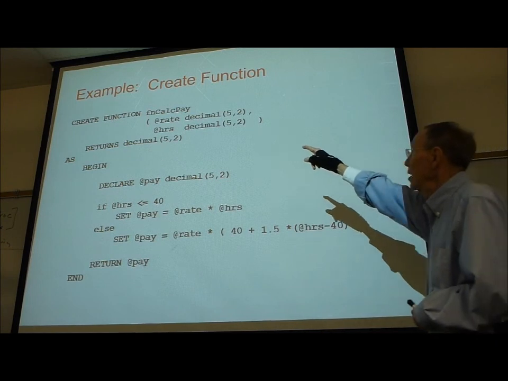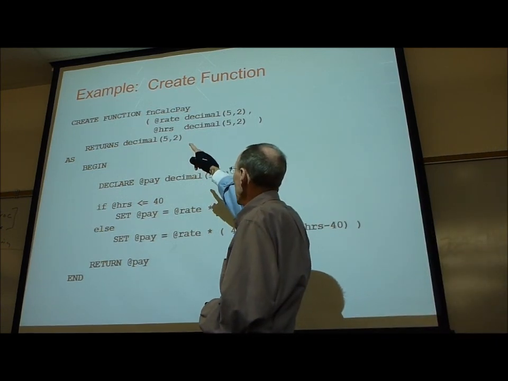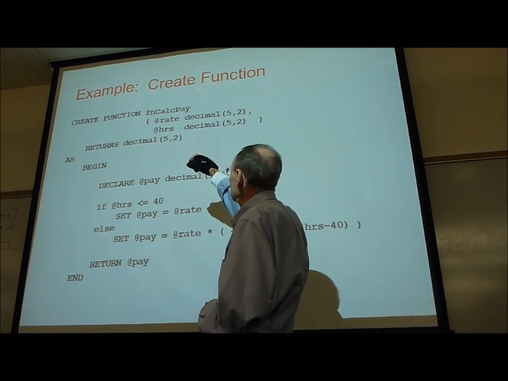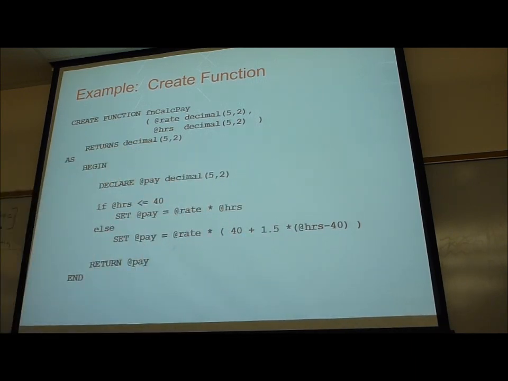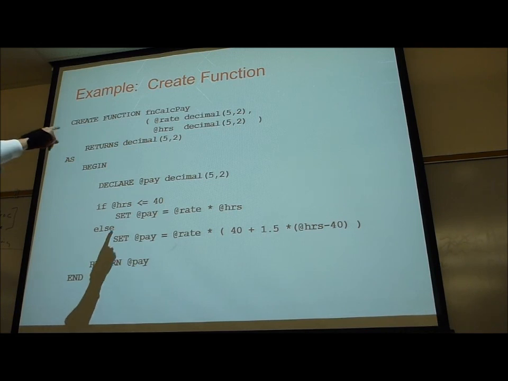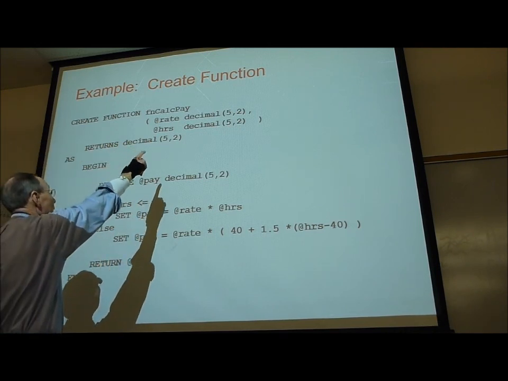So here we go. Create function. Now, as a convention, we usually precede it with the FN for function. That's so that, if you have that in your program, you can say, yeah, it's a function. I'm going to pass two parameters.